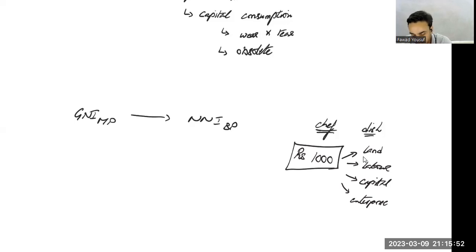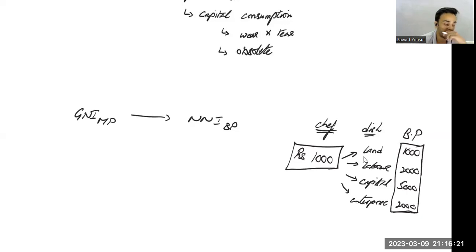Let's say I break it down. Natural resources के लिए 1,000, 2,000 का इसका factor चला गया, and another maybe 5,000 for capital, and I want to keep about 2,000 for myself, right? So this is basically the basic price or the factor cost. I think factor cost is a much nicer and clear word. कि factor cost के ऊपर ये चीज बन रही है, basic price के ऊपर.